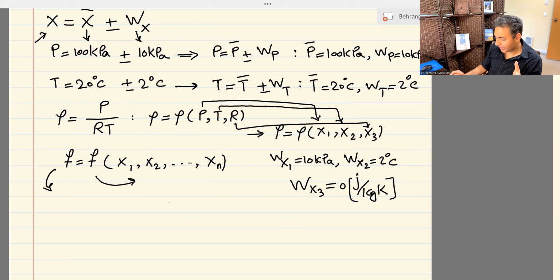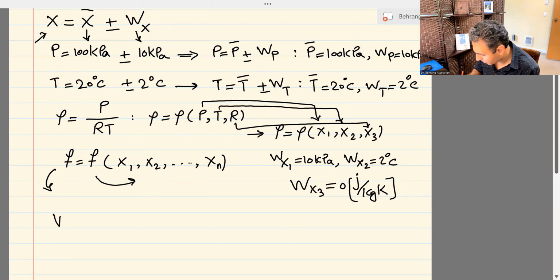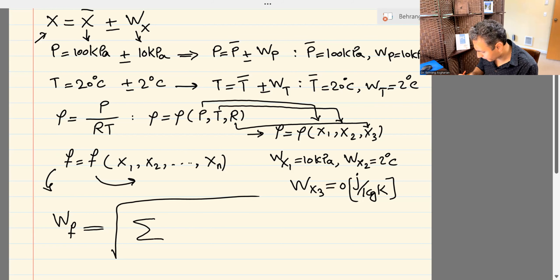And if we have a case like this, the uncertainty propagation, which is known as W sub f, that's the uncertainty propagation of f, using a method that is called the RSS method, root of sum of the squares, I'm going to write it down, will be this: sigma i goes from 1 to n, the partial derivative of f with respect to any x, xi, times the uncertainty of that xi, whatever that variable was, squared, like this.